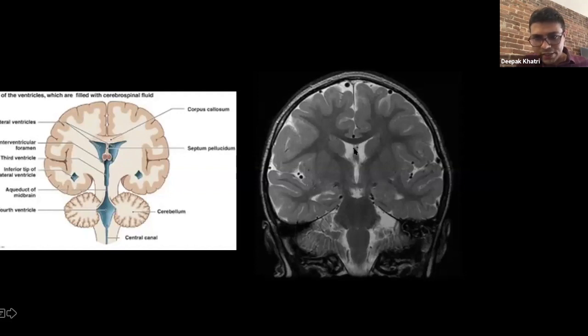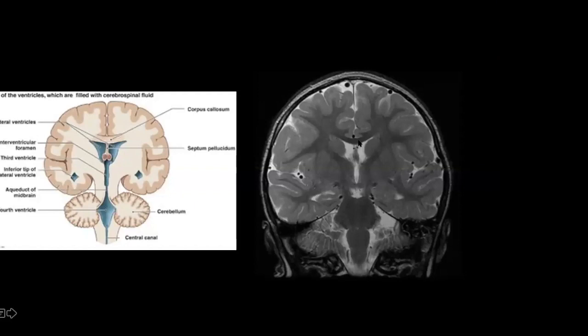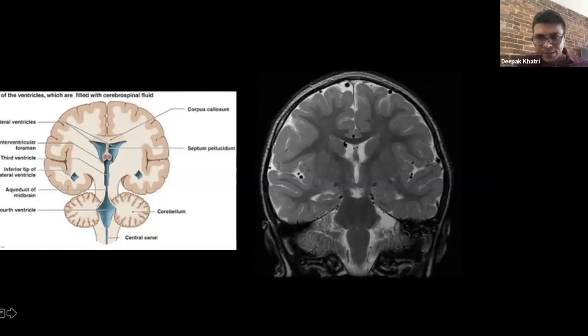These small dots represent the internal cerebral veins, and the black structure covering the lateral ventricles is the corpus callosum. And here the slit-like structure is the third ventricle. So this helps us to understand the pathology, to understand the changes from the normal.